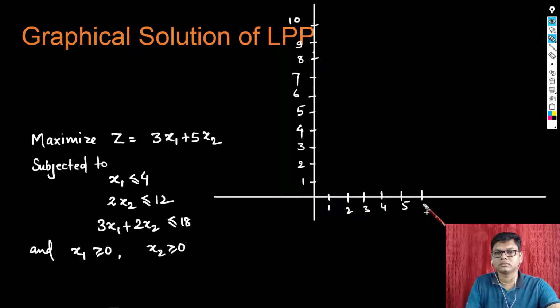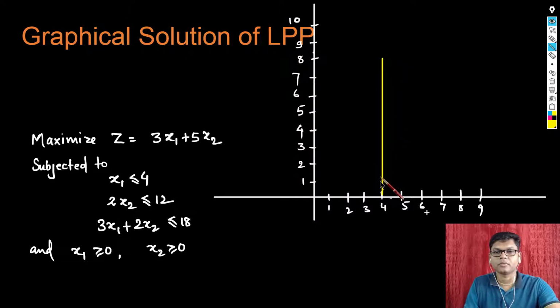Let's see. x1 equal to 4, meaning less than or equal to 4, means the line will be at this point. So this is the boundary. Next is x2 less than or equal to 6. This is the boundary.